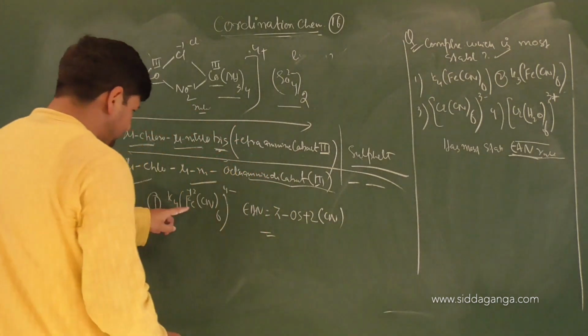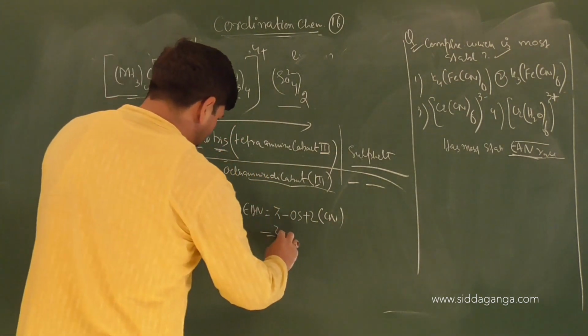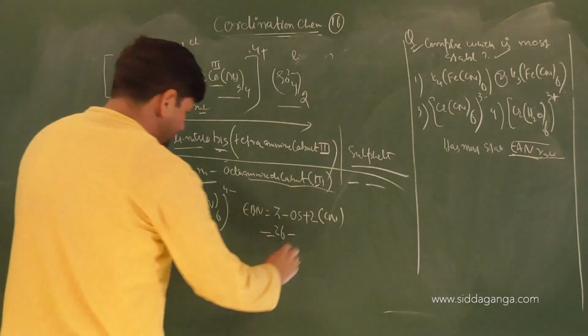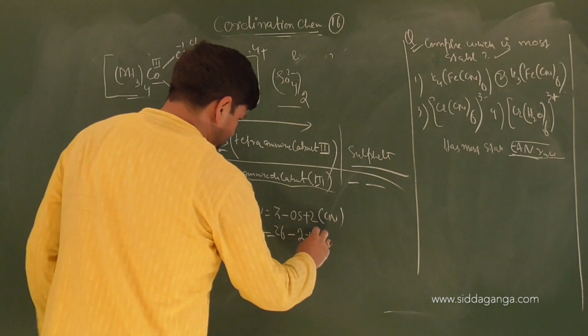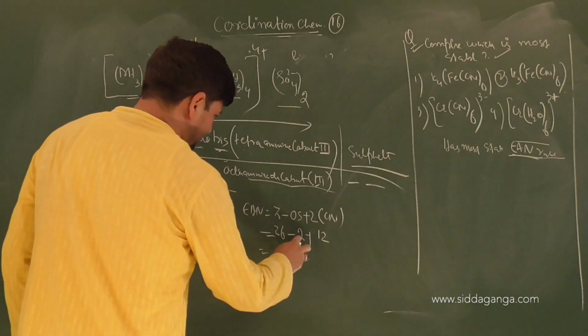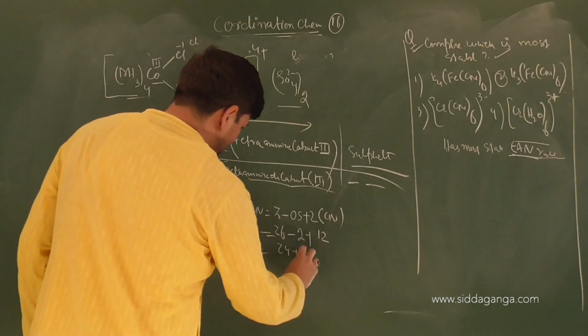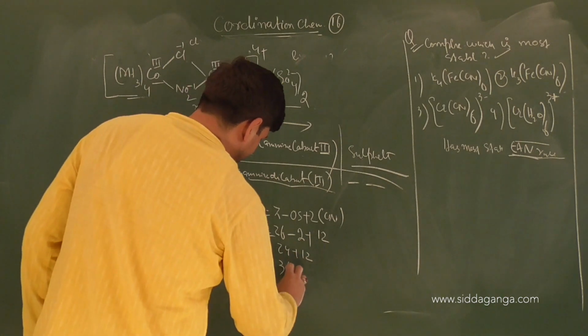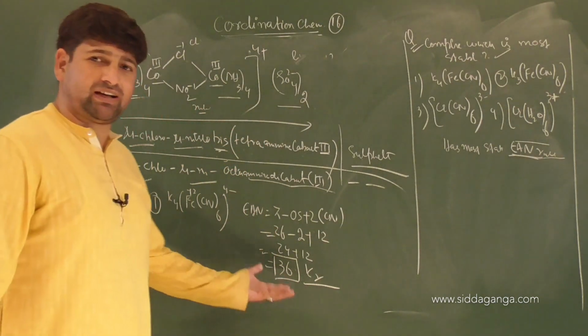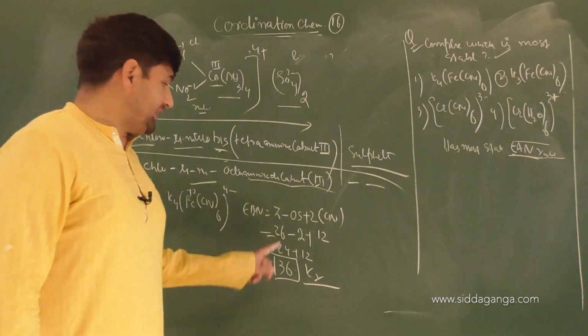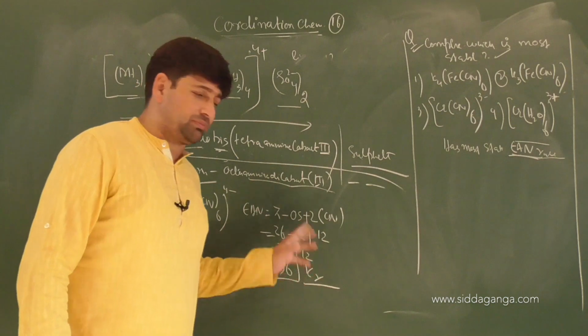So for this one it will be Z, atomic number of iron 26, minus oxidation state 2, plus coordination number is 6, so 2 into 6, that will make it 12. So 26 minus 2 will be 24 plus 12. That makes it 36. It is perfect to that of krypton's electronic configuration. So this is perfectly stable because its electronic configuration is similar to that of krypton.